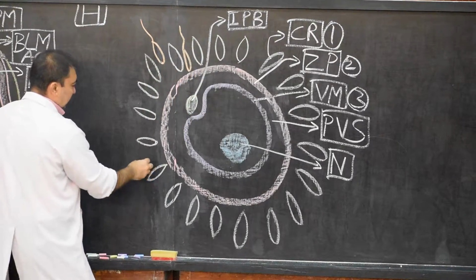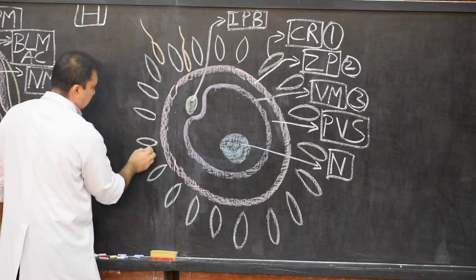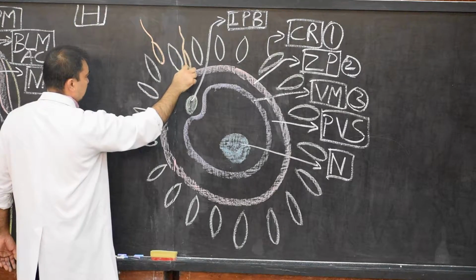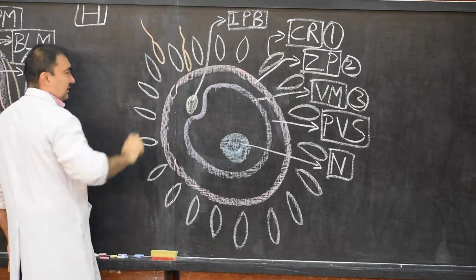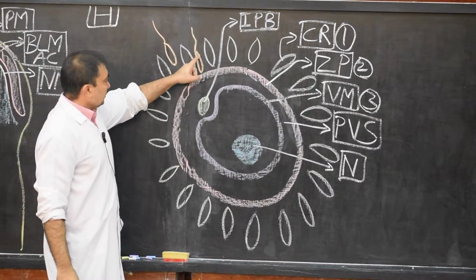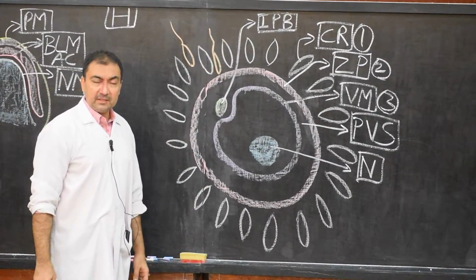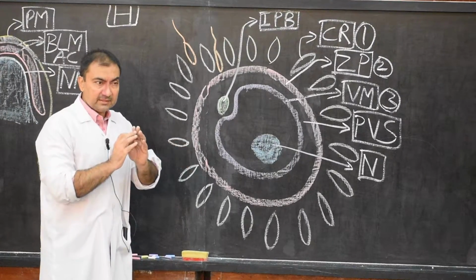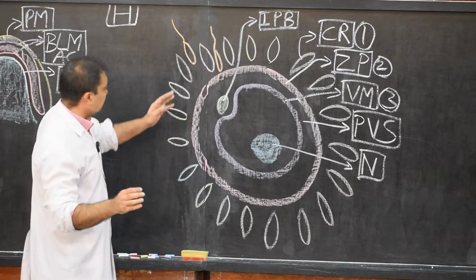So I will keep some space over here so that we are able to show the spermatozoon entering. Now this spermatozoon here has entered the corona radiata, and because of the hyaluronidase enzyme which has been released, the first barrier is overcome. Hyaluronidase enzyme will create suppression of the first barrier, corona radiata.